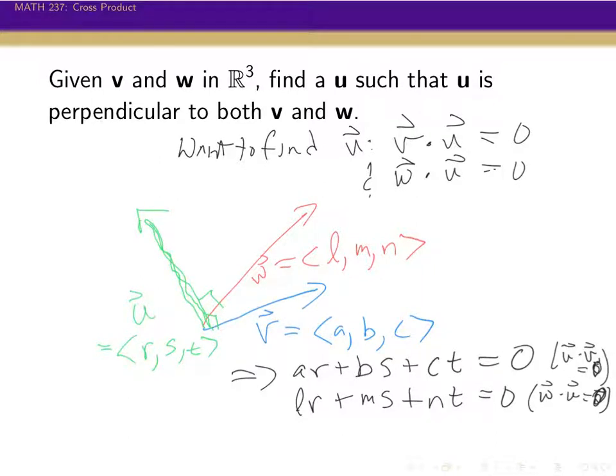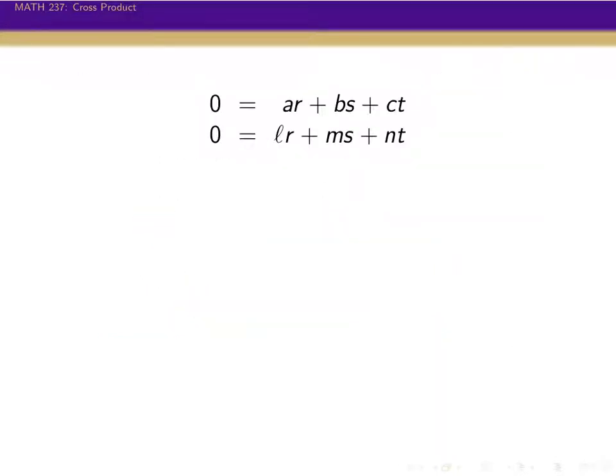Okay, so here are those 2 equations that we got from the last slide. So let's figure out what some r, s, and t could be. Right, so let's start with the first one. Maybe let's solve for r. Okay, and so we have, from the first one I can get minus ar is equal to bs plus ct.